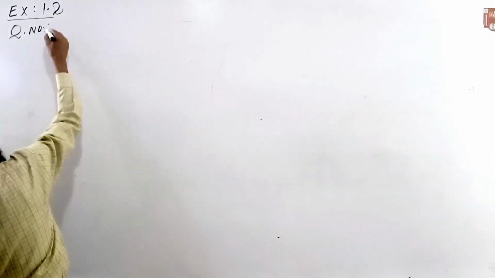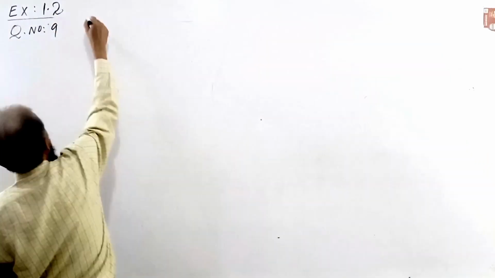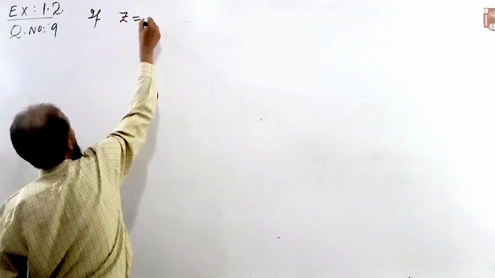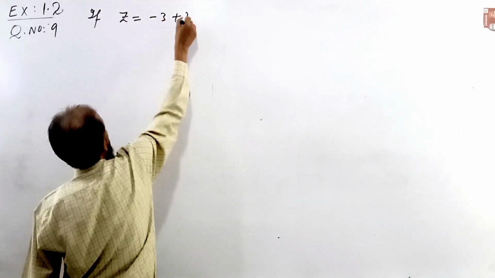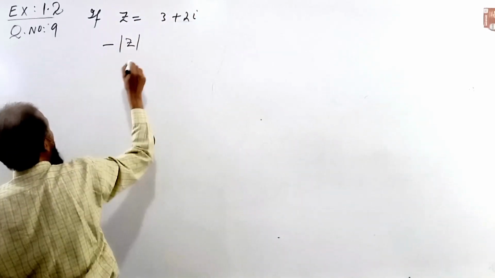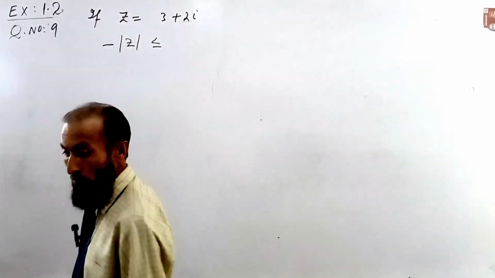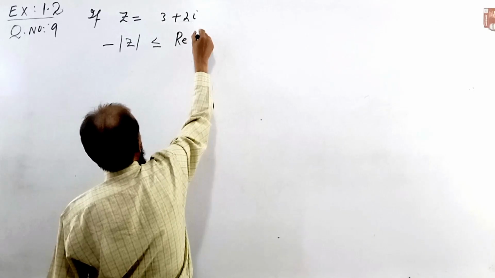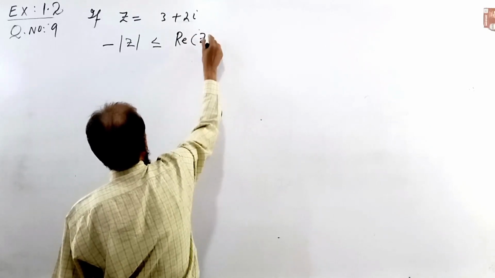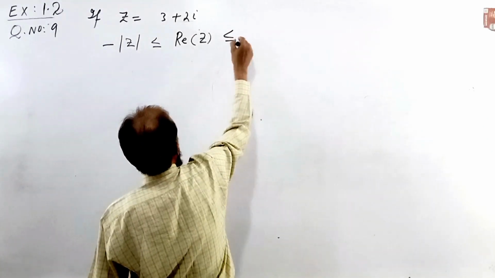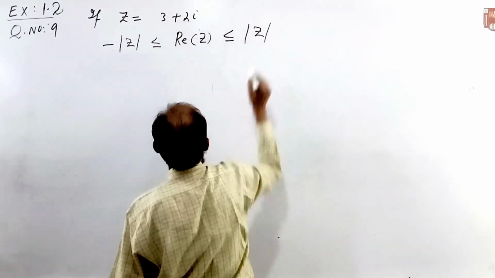Question number 9. If z is equal to minus 3 plus 2 iota, verify that minus absolute z is less than or equal to the real part of z, less than or equal to absolute z.